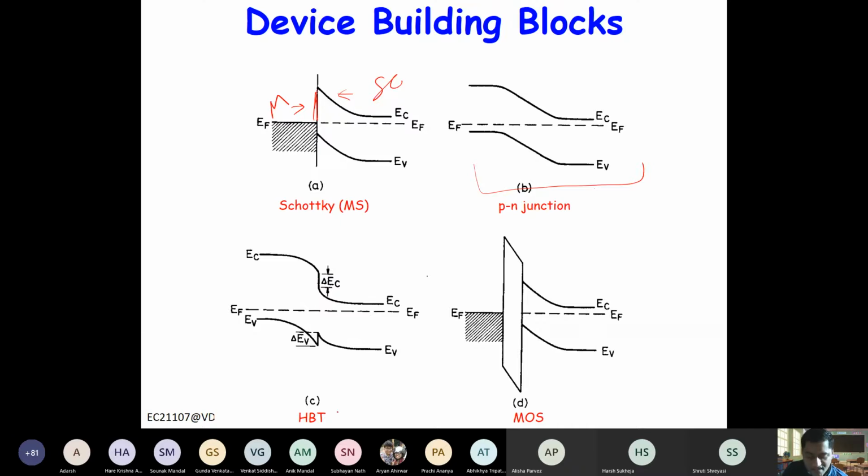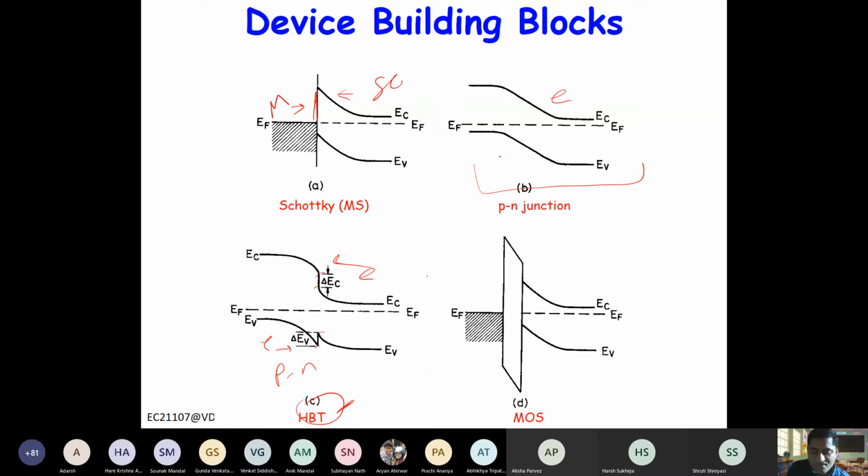And this is basically the diagram for a heterojunction, right? It's basically the HBT we will discuss later, but you can think of it like a PN junction here. So this is some P-type material, this is N-type material, but the band gaps are different. So this band discontinuity appears here. One more thing you can notice here: the barrier for electrons and the barrier for holes are different. The barrier for electrons is more compared to the barrier for holes.